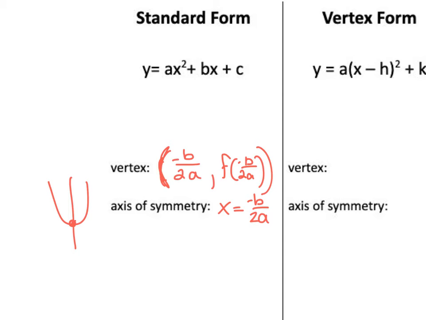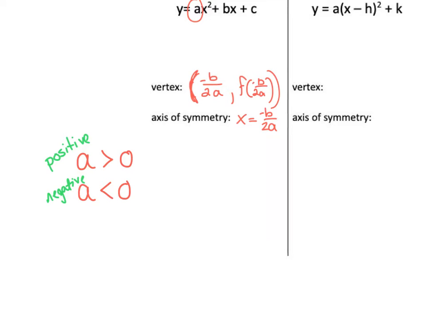If you completed your discovery in Schoology, you should have seen how a controls the shape of the parabola. If a is greater than 0 or it's positive, your parabola opens upward. If a is less than 0 or negative, your parabola is going to open downward.